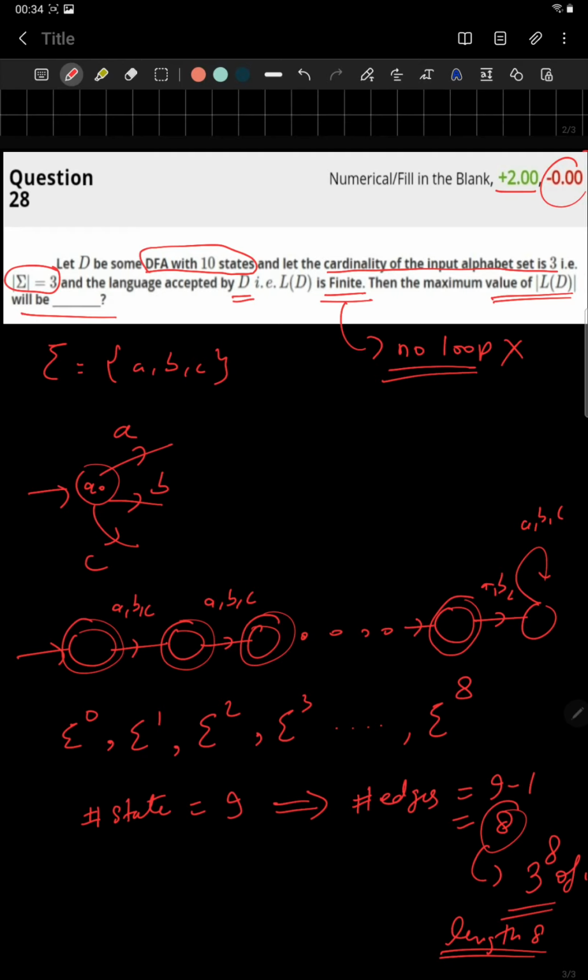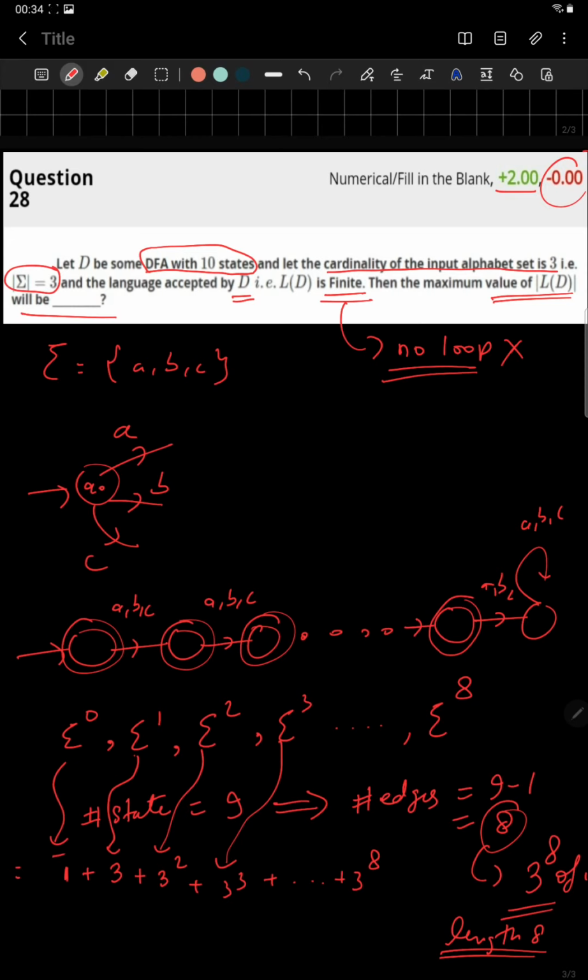So the total number of strings: of length 0 there is one string, of length 1 there would be 3 strings, of length 2 there would be 3 raised to 2 strings, of length 3 there would be 3 raised to 3, and so on. For length 8 it would be 3 raised to 8.